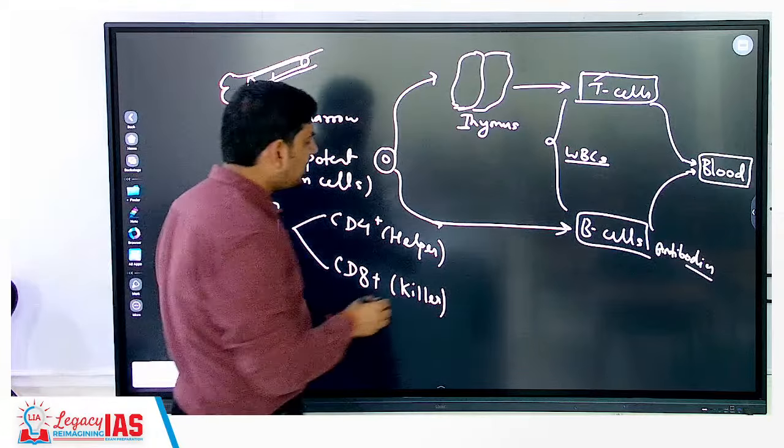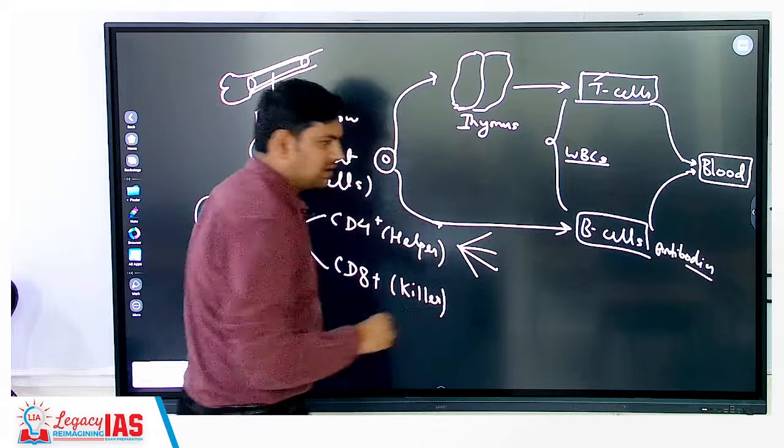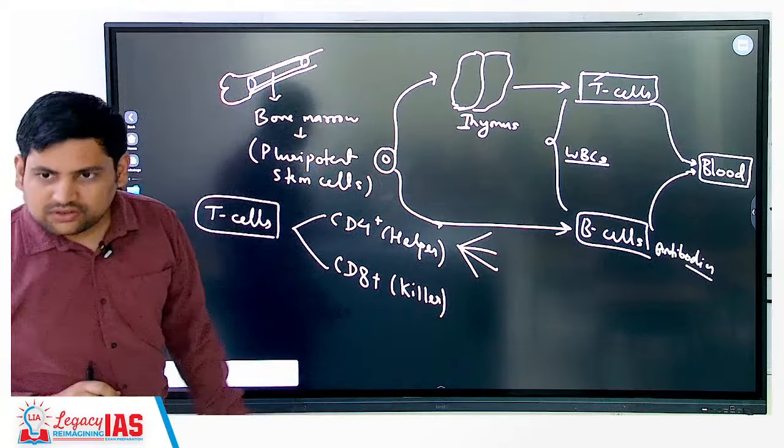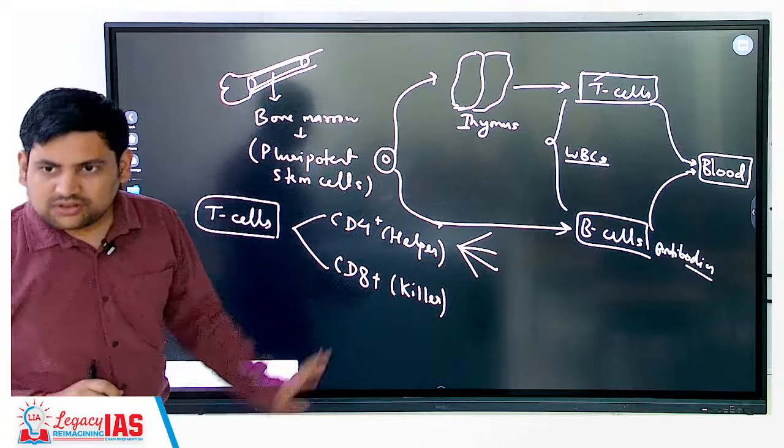Now there are many types of these. What we have to study here, what they got the Nobel Prize for, was a specific T cell called Treg T cells, or regulatory T cells.